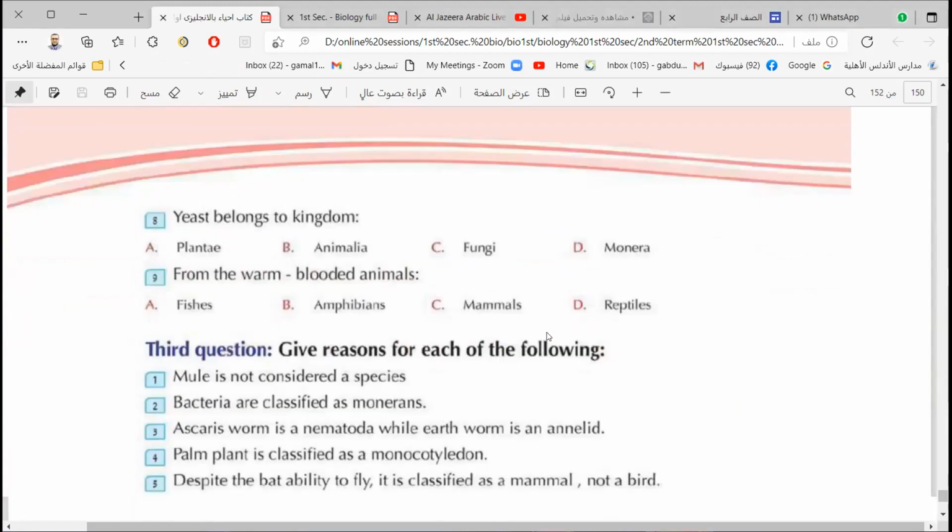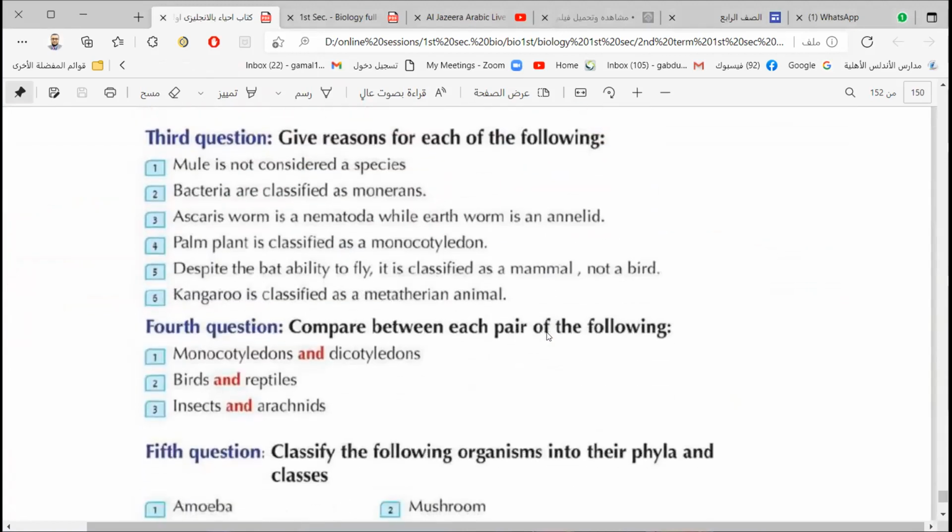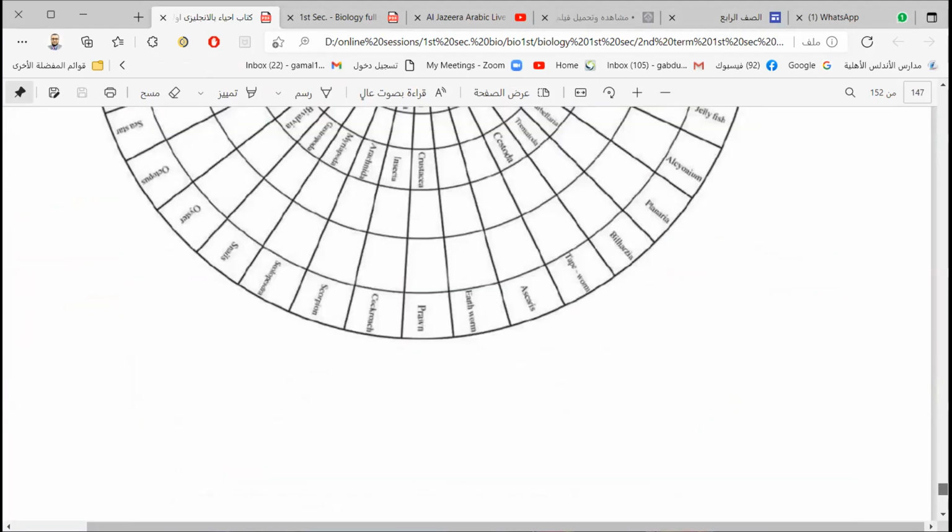Question, next question. Palm plant, النخيل, palm plant classified as monocotyledon. So we are talking about the characteristics of monocotyledon. You remember what are the characteristics of monocotyledon?